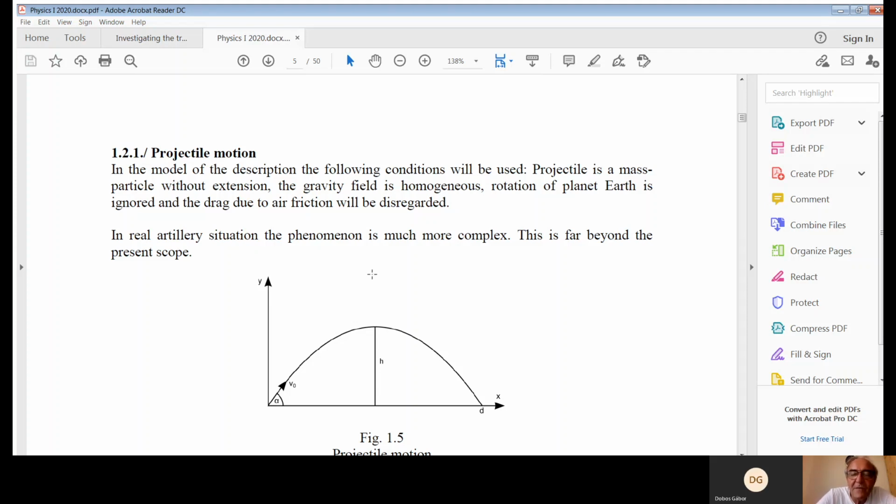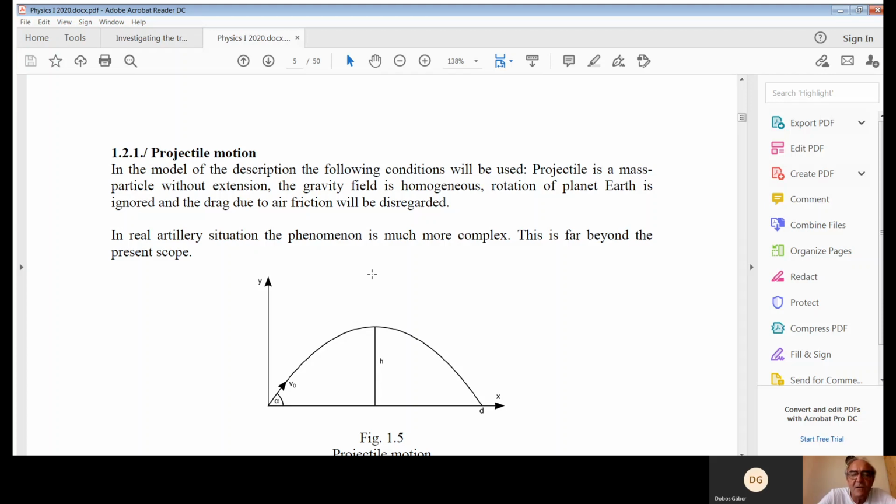So it's a fairly simplified model. We have the homogeneous gravity, so we don't need to care about the rotation of the Earth and the drag of the air and such things. This is a very simple approach, and it's usable for simple environments.